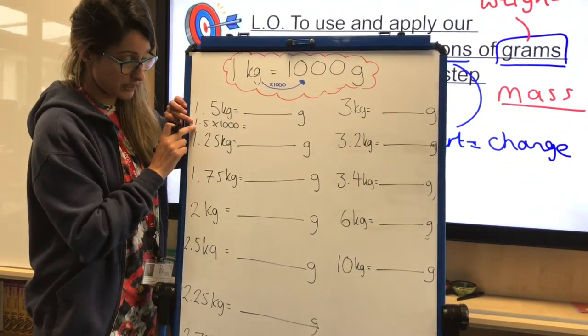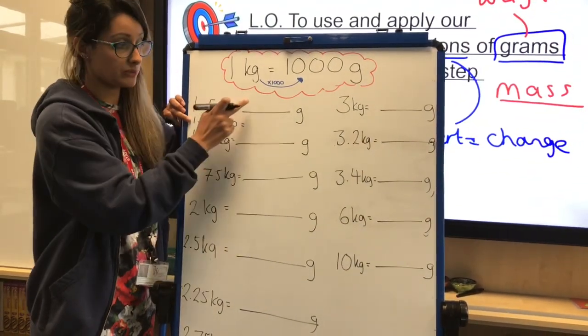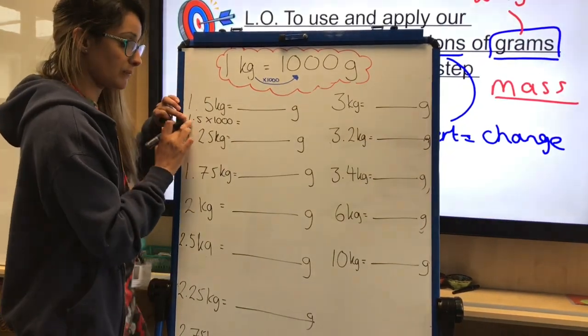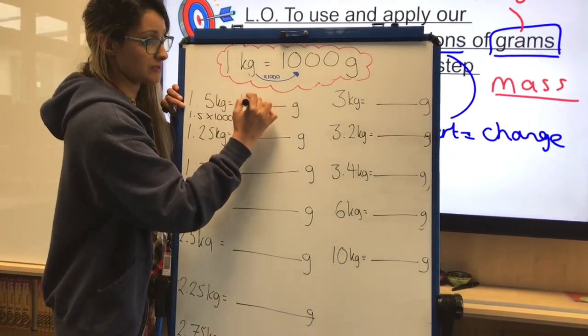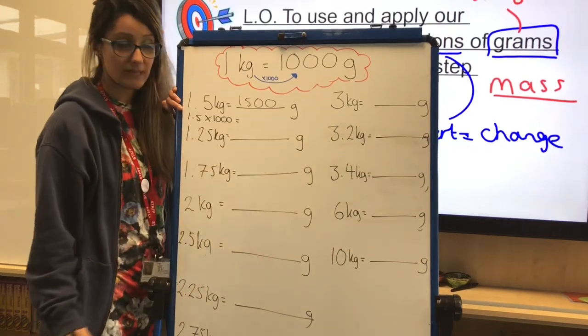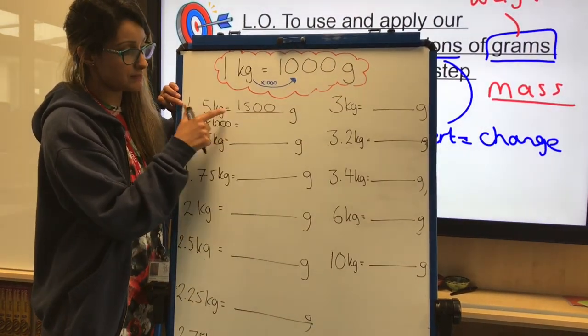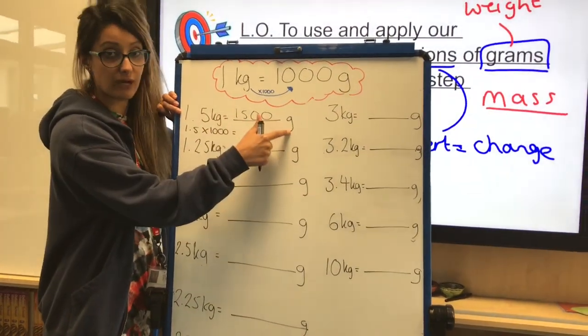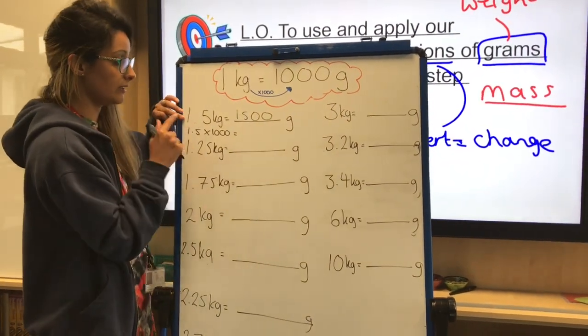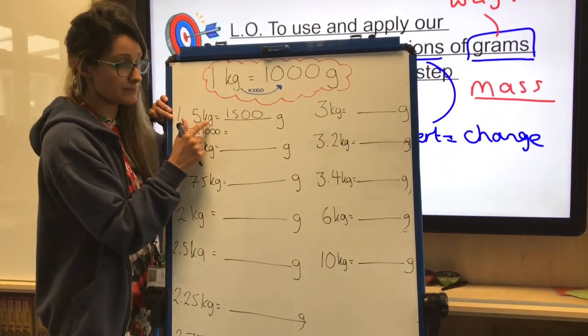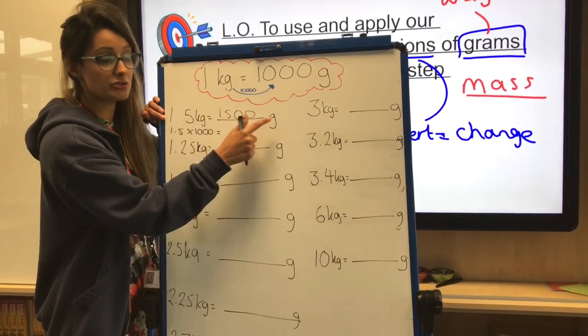Some of you will just need to go back to 1.5 times 1,000 will give you your answer. So if I did 1.5 times 1,000, it's going to give me 1,500. So what that states is 1.5 kilograms equals 1,500 grams. Just say that with me. 3, 2, 1. 1.5 kilograms equals 1,500 grams.